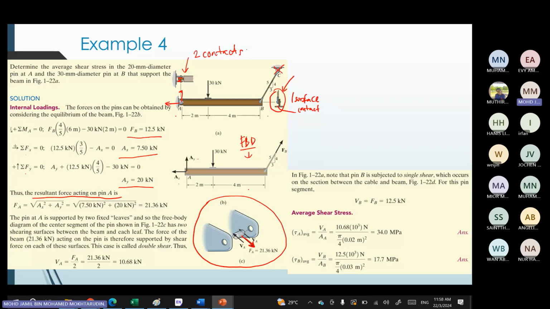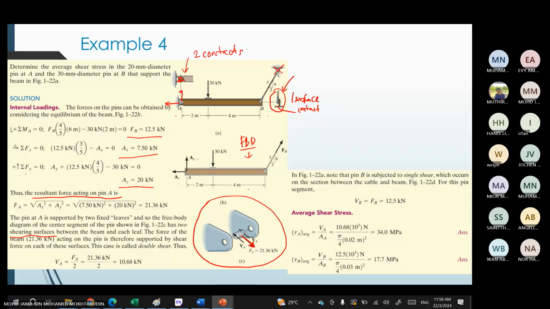So the pin at A is supported by two fixed leaves. There are two contact surfaces, and so the free body diagram of the center segment of the pin shown in the figure has two shearing surfaces. To determine the shear of one surface, you divide it by 2.